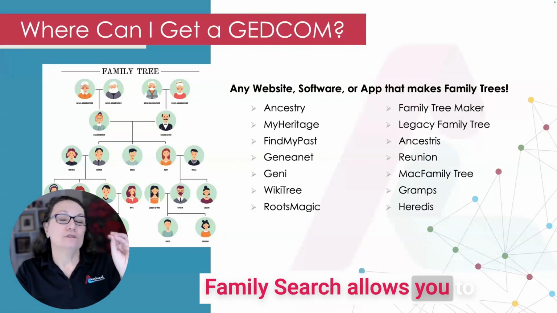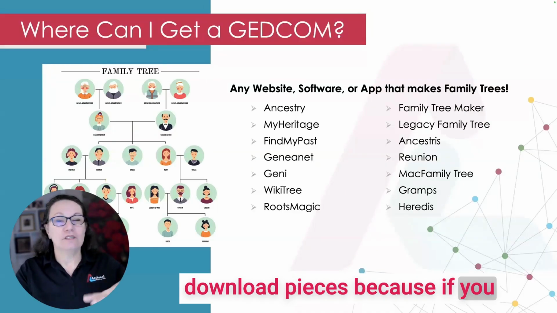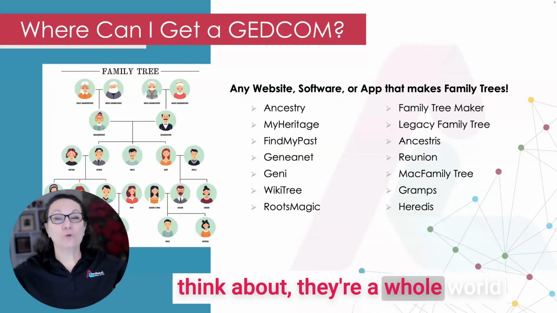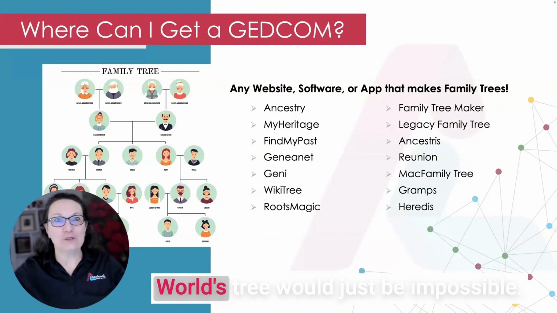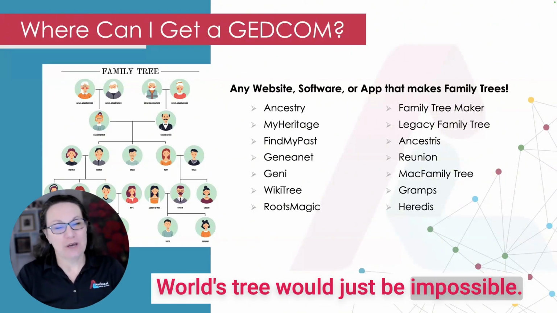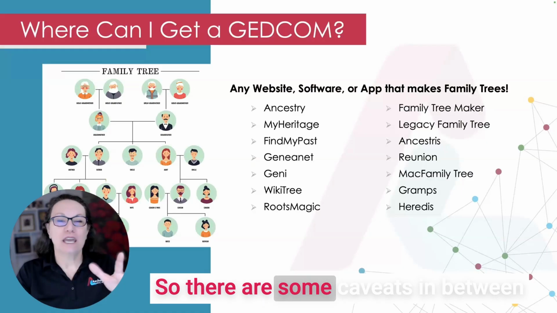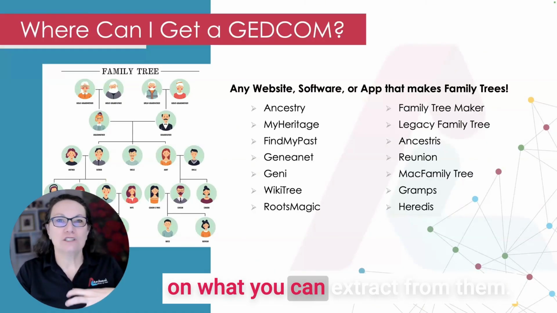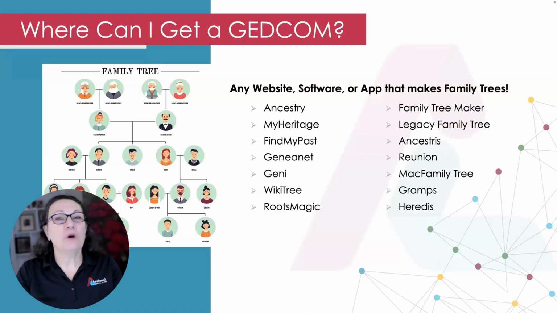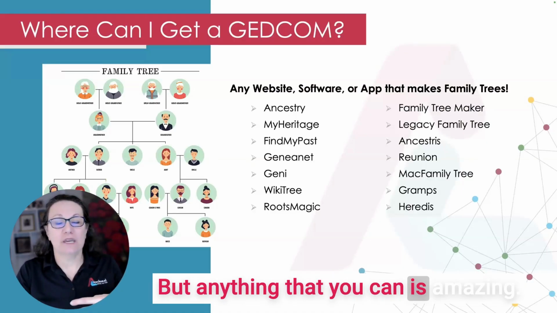Family Search allows you to download pieces because if you think about it, they're a whole world tree. So downloading the whole world's tree would just be impossible. So there are some caveats in between some of these different applications on what you can extract from them, but anything that you can is amazing.